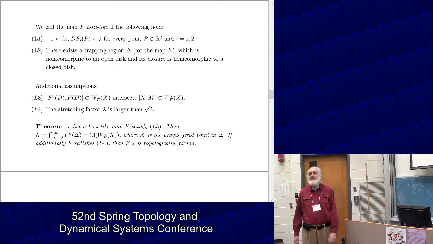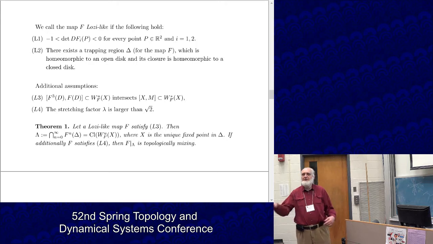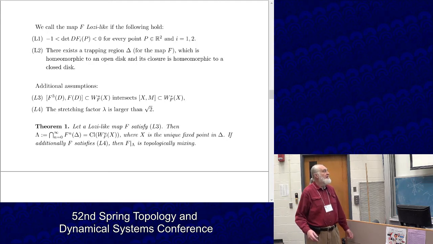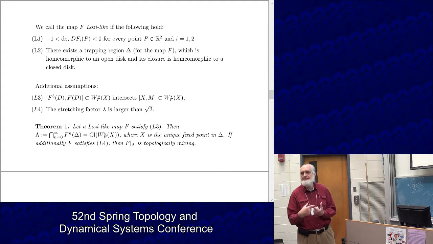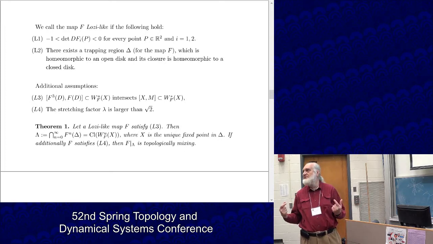So if you take two open subsets of lambda, of course open in the topology of lambda, because it's nowhere dense in the plane, then starting at some m iterates, images of the first set will intersect the second set. Of course, when I say open, I mean open, non-empty.